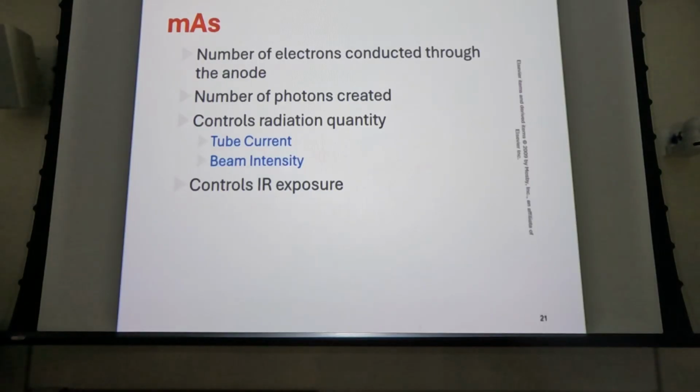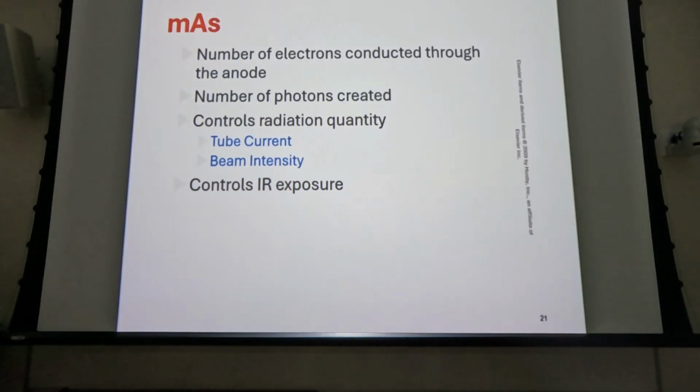So mass then becomes the number of electrons that travel from the cathode to the anode, which directly impacts the number of photons we create. It controls radiation quantity, tube current, beam intensity. It controls image receptor exposure, what we use to control image receptor exposure.